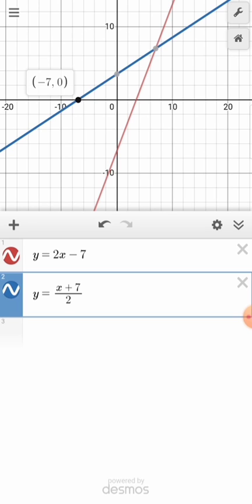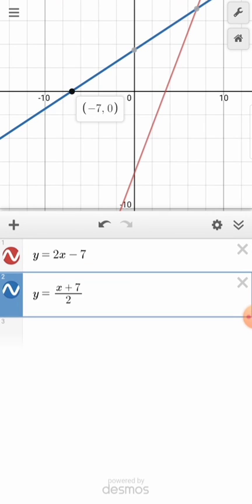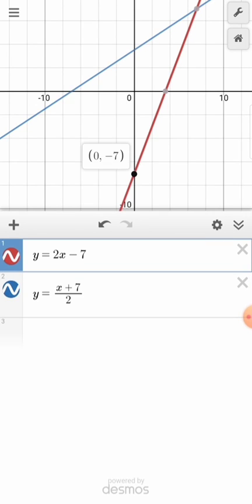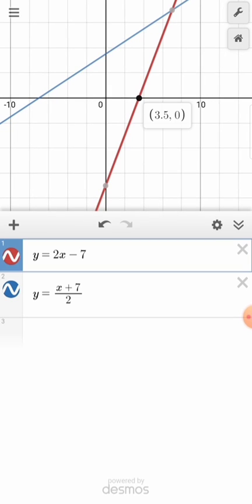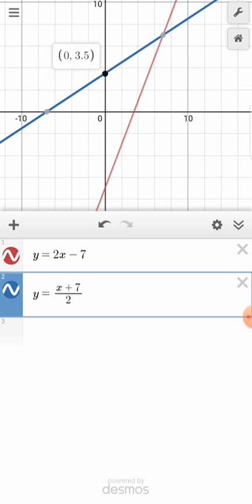So if we have negative 7, 0, on the inverse of that function, you will have 0, negative 7. You can see that here: this point, negative 7, 0, and this point, 0, negative 7. And if I say this point, that's 3.5, 0, for the other function that would become 0, 3.5, and that's here.